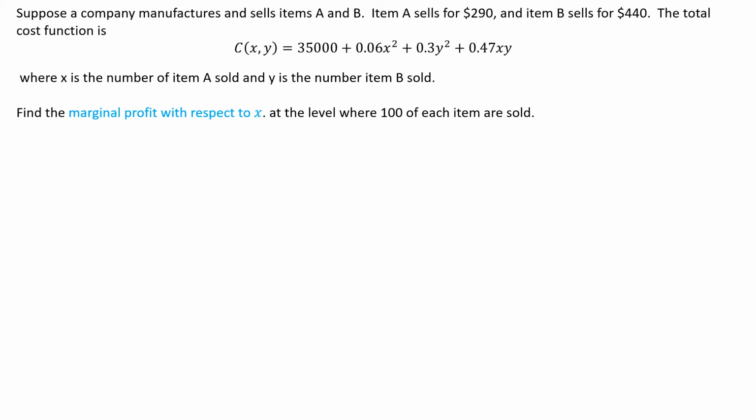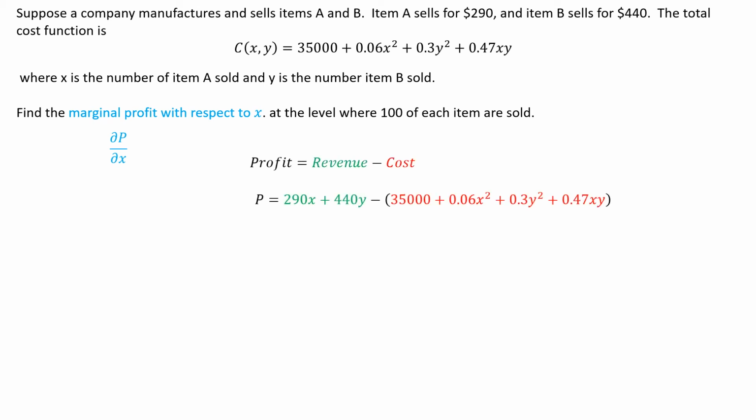Marginal always refers to a rate of change or derivative in economics, and so the marginal profit here with respect to x is the partial derivative of the profit function with respect to x. Remember that profit is revenue minus cost, and there's no revenue function given here. But there doesn't really need to be, because the revenue can be found to be 290x plus 440y.